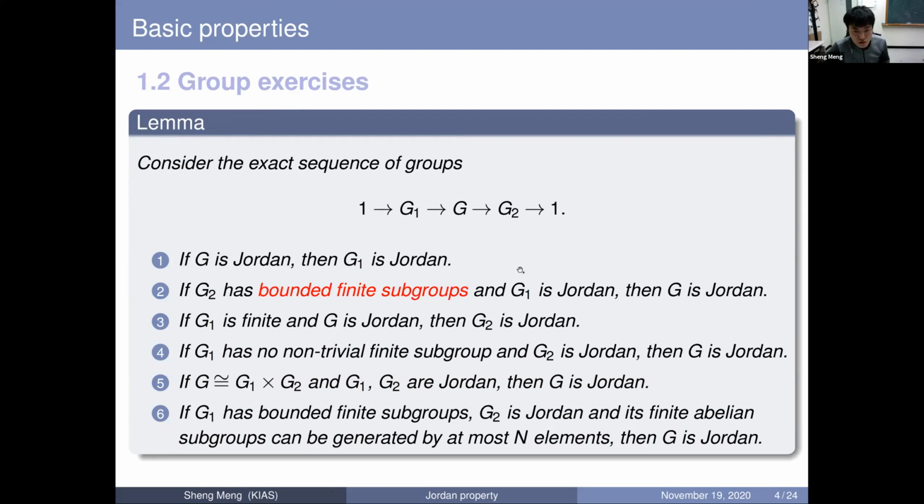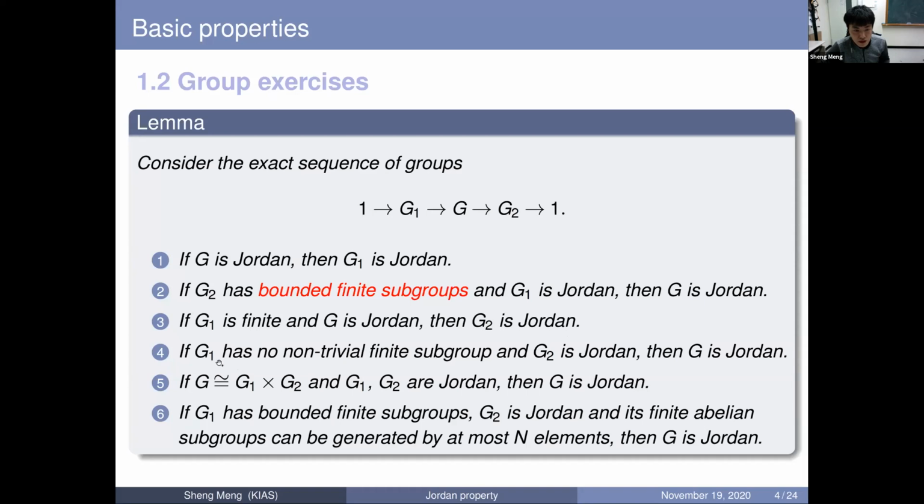Second, if G2 has bounded finite subgroups, which means that there is a constant such that any finite subgroup of G2 has order bounded by this constant, and together with G1 being Jordan, then we can show that the extension group G is Jordan. Third, if G1 is a finite group and the middle one is Jordan, then the image G2 is Jordan.